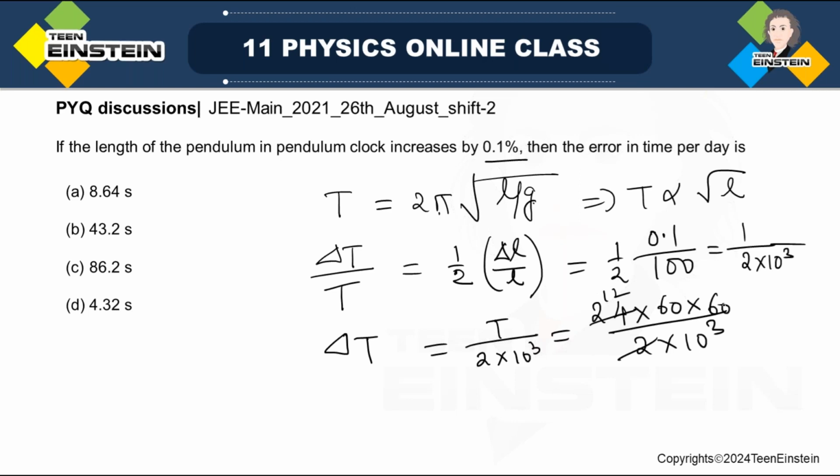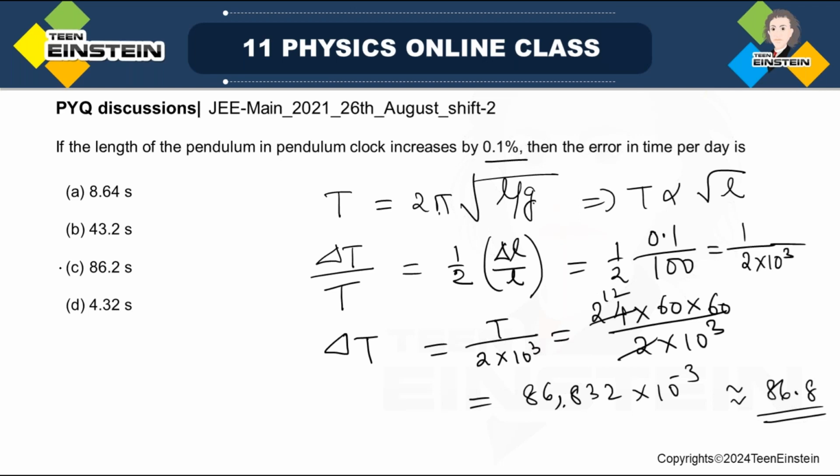This multiplication will get you something into 10 to the power minus 3, so nearly 86.8.